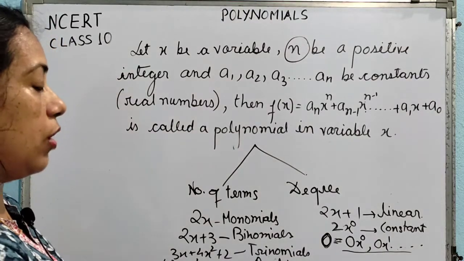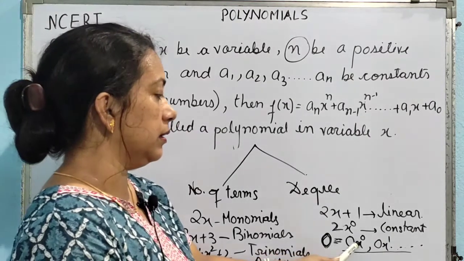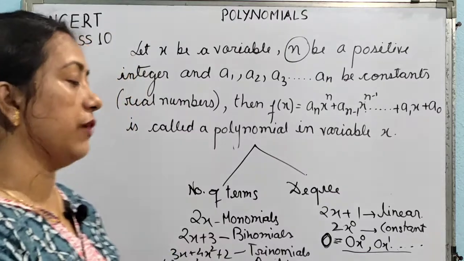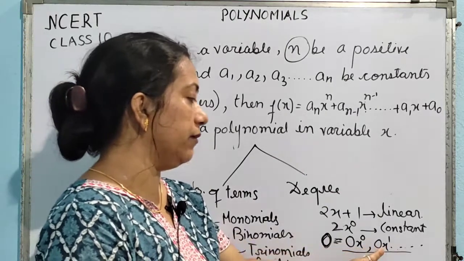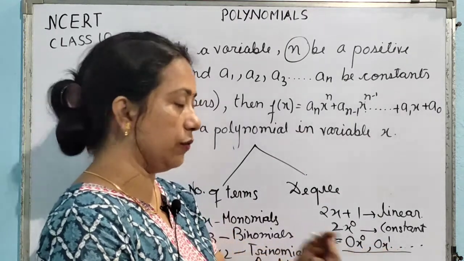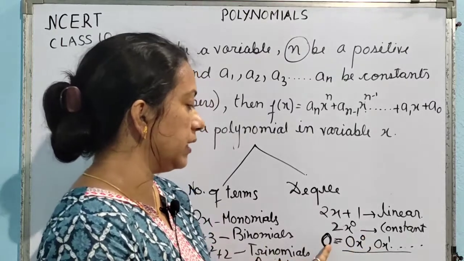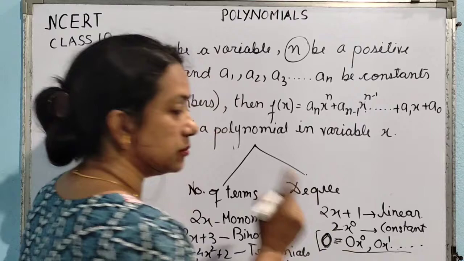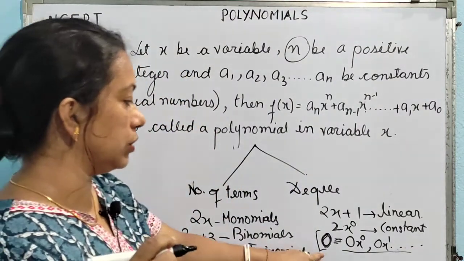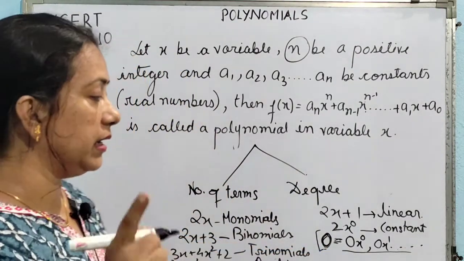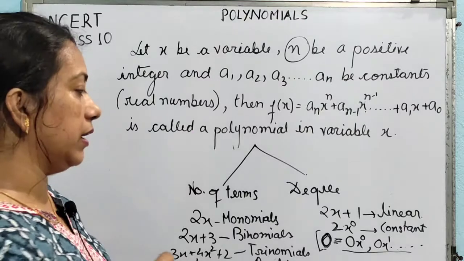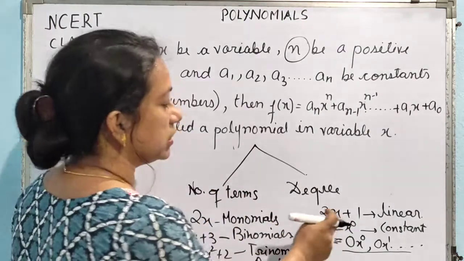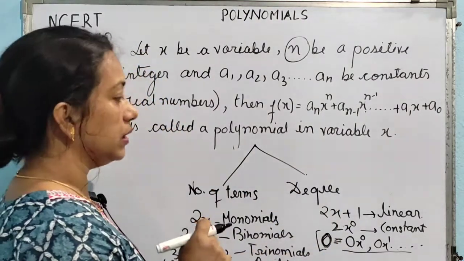In the case of the 0 polynomial, the degree is not defined, because we can put any power of x. So the degree of the 0 polynomial is not defined, whereas the degree of a constant polynomial is 0.